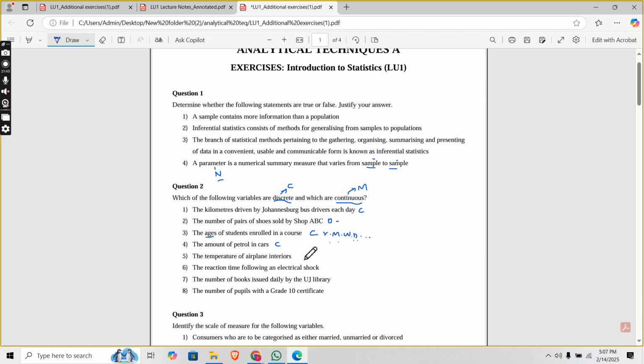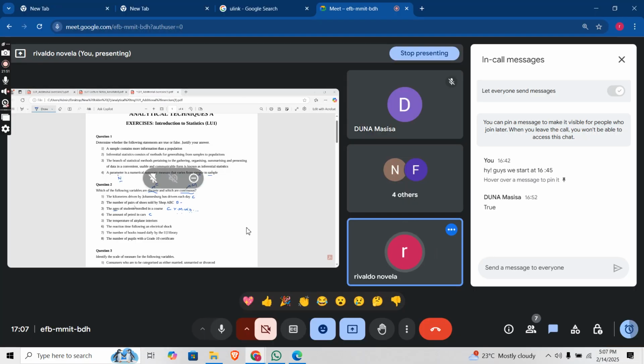So number 5, the temperature of airplane interiors. Anyone other than Duna and the other guy who was answering too much? Anyone? Please, guys, try.